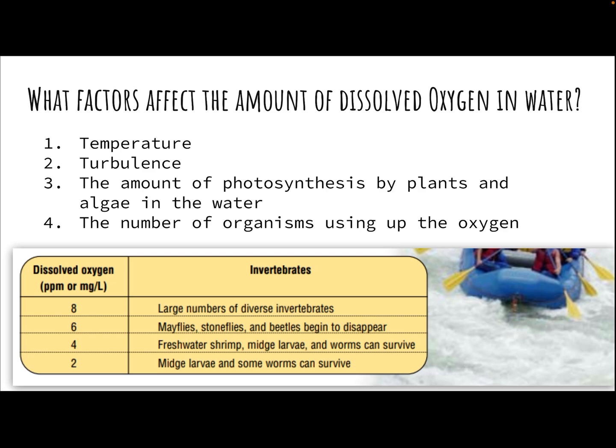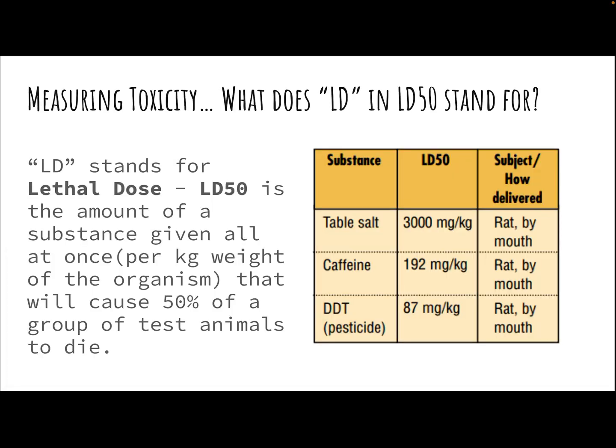If it's 8 parts per million or milligrams per liter, we'll have a large number of diverse invertebrates, really healthy. At 6, mayflies, stoneflies, and beetles start to disappear. At 4, we have freshwater shrimp, midge larvae, and worms. At 2, midge larvae and some worms can survive. So we really want it at least at an 8 for our oxygen.